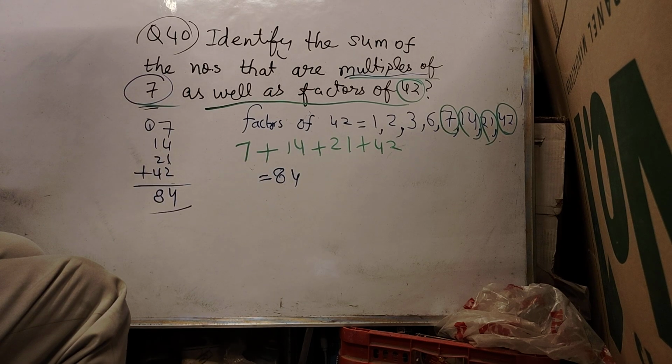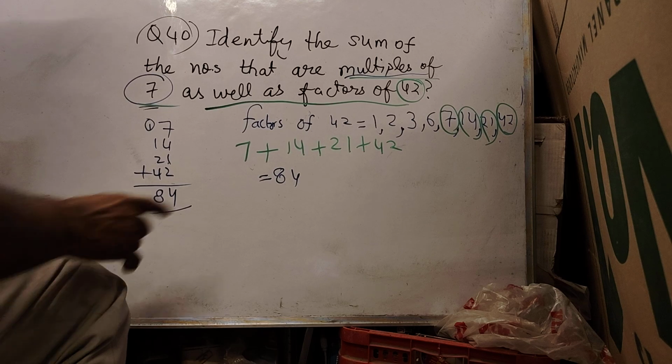That is what I got. In the answer you got, yes, I got 84. But you wrote 1 plus 2 plus 3 plus 6 plus. So how many numbers did you write?